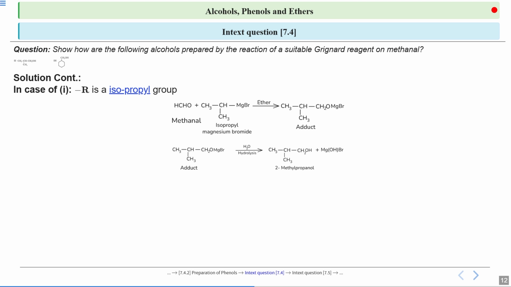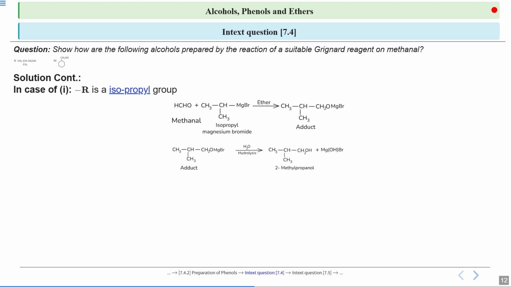The Grignard reagent is isopropyl magnesium bromide because the alkyl group in the Grignard reagent is the isopropyl group, because that's how you are going to get a primary alcohol in which the isopropyl group is present as R. Okay, because the question asks that a suitable Grignard reagent reacts with the methanol and then you will obtain the following products. Show how.